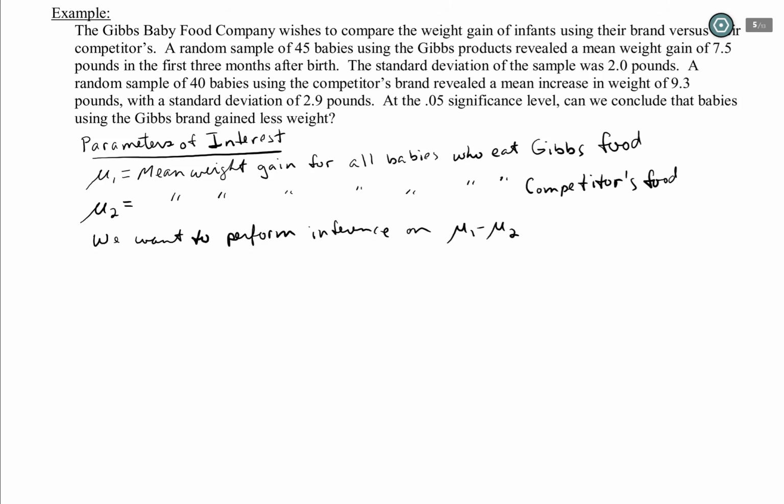Do we have a large sample here? Well, yeah, we kind of do. We've exceeded that 30 threshold that we've kind of drawn a line in the sand as a rule of thumb. The two sample sizes are large enough for us to use this large sample z-test to compare the two population means.